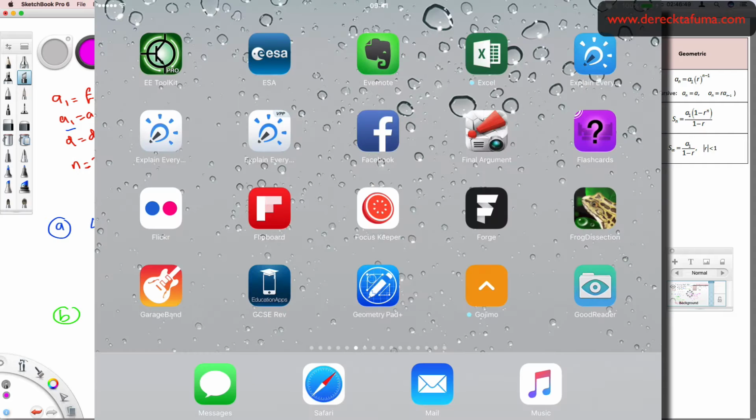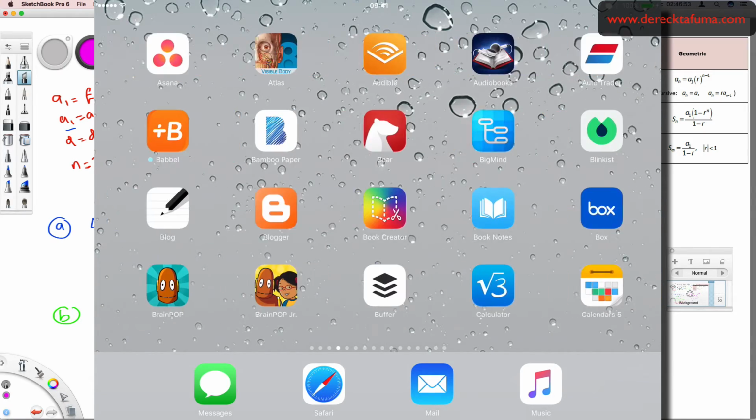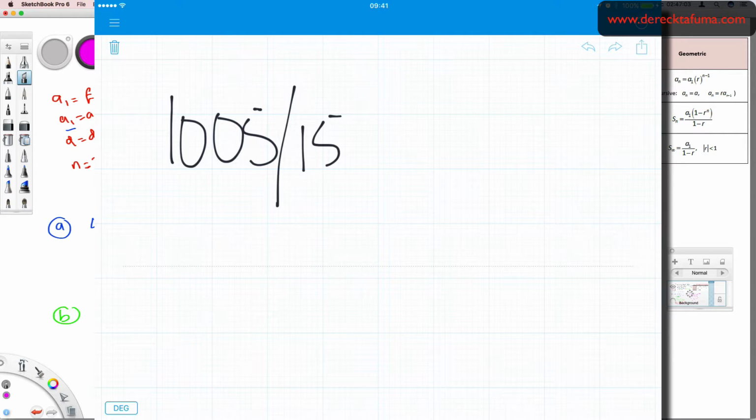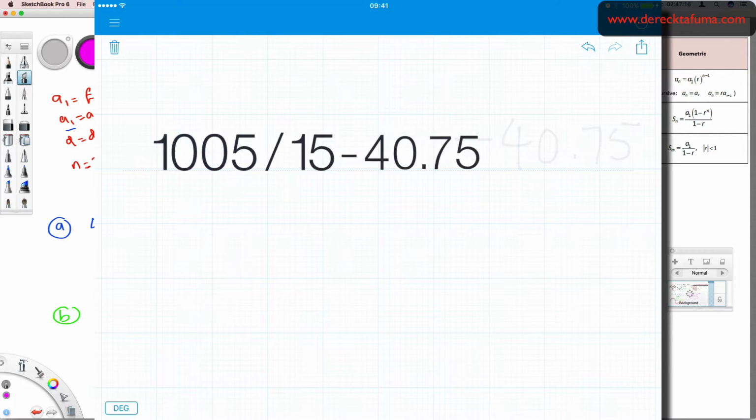I can use my calculator here to find what 1005 divided by 15 is. It's 67. Then subtract 40.75.